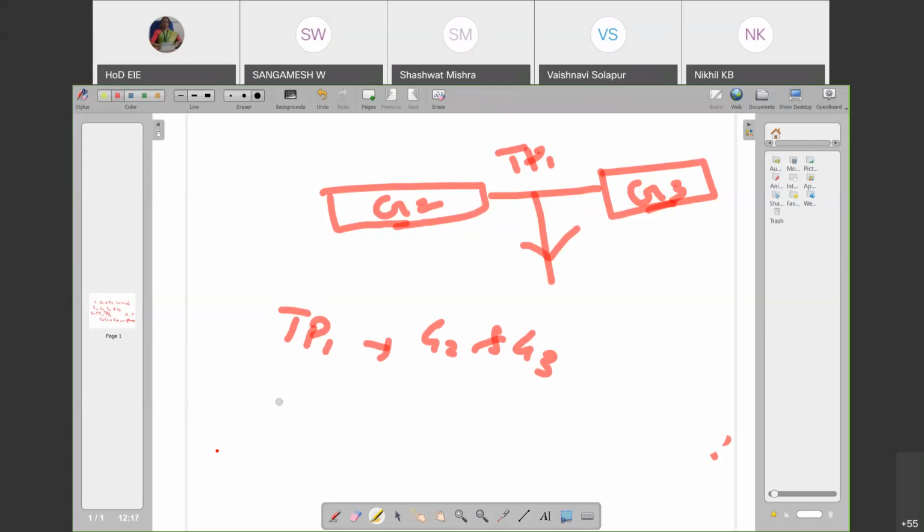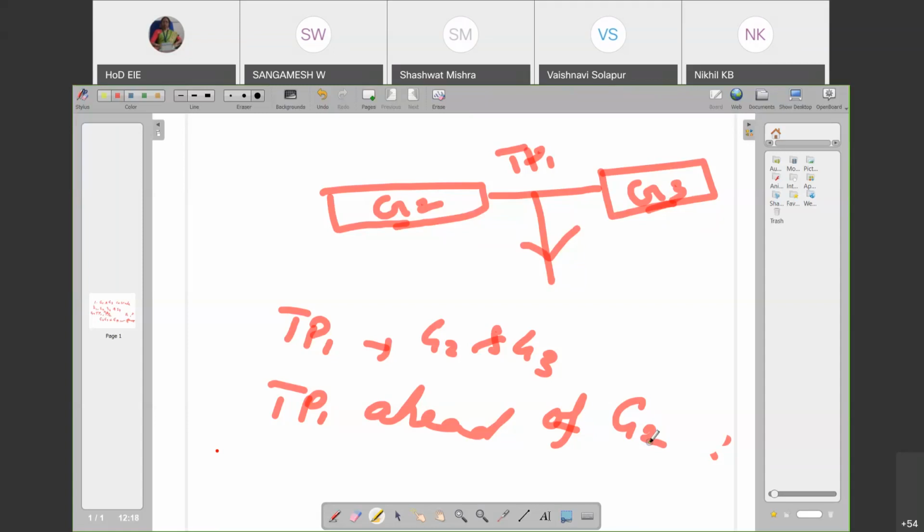I have to move TP1 ahead of G2. Can I do that? Okay. So what you do is move TP1 ahead of G2. While doing so, you have to change your value of H1, which is connected to TP.